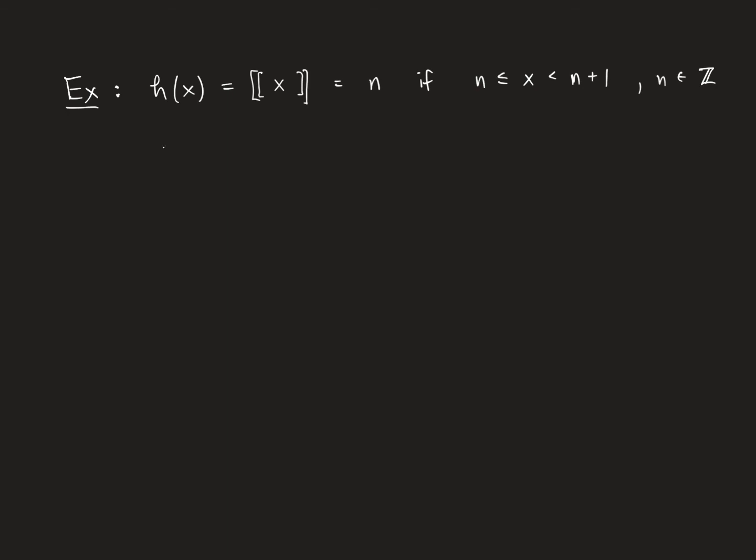And so what that looks like, if you graph this function, input output, your function has this kind of step pattern. So let's say 1, 2, 3, -1, -2. Between 0 and 1, it's just 0. But then as soon as you hit 1, it bounces up to 1.